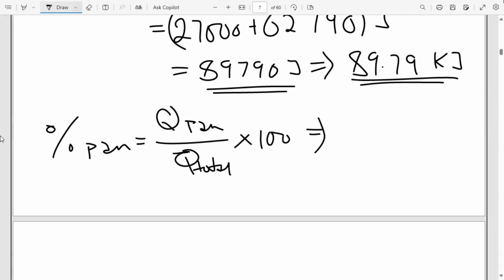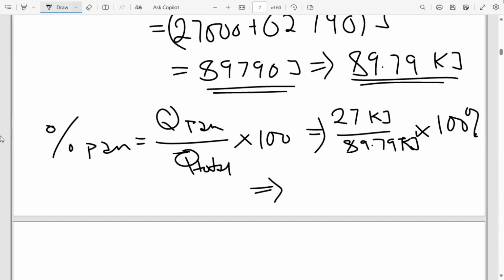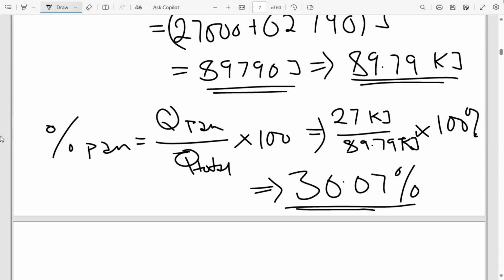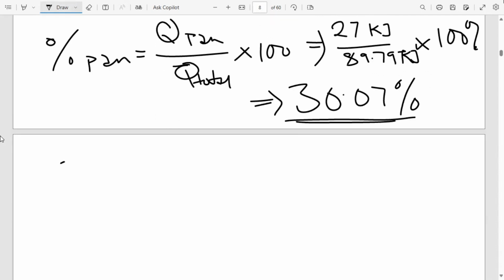This is going to be equal to 27 kilojoules over 89.79 kilojoules multiplied by 100%. So the percentage of heat that is required to heat the pan is equal to 30.07%.